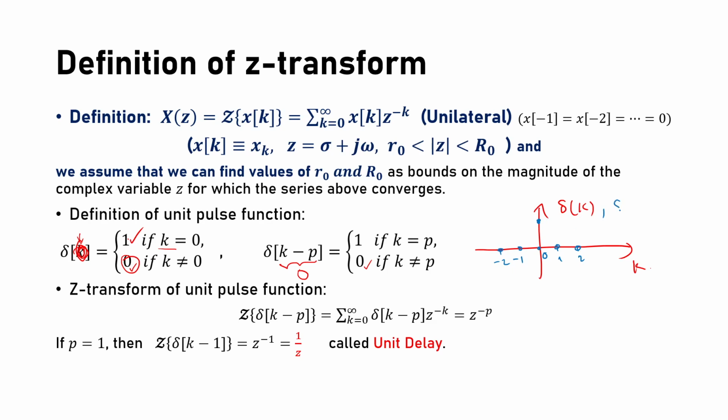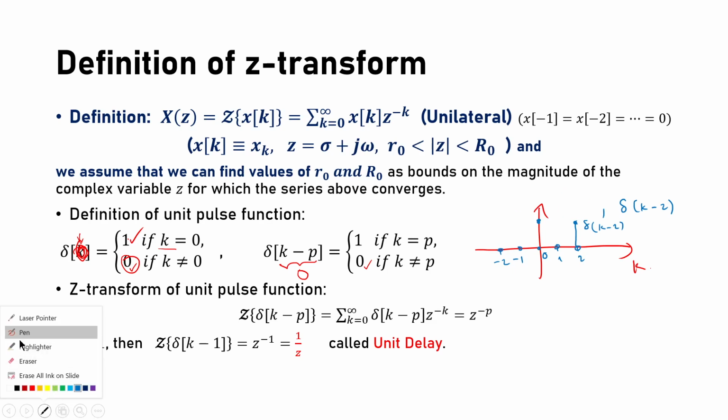But for delta of k minus 2, for example, it's 1 here. This is delta k minus 2, right? Okay.